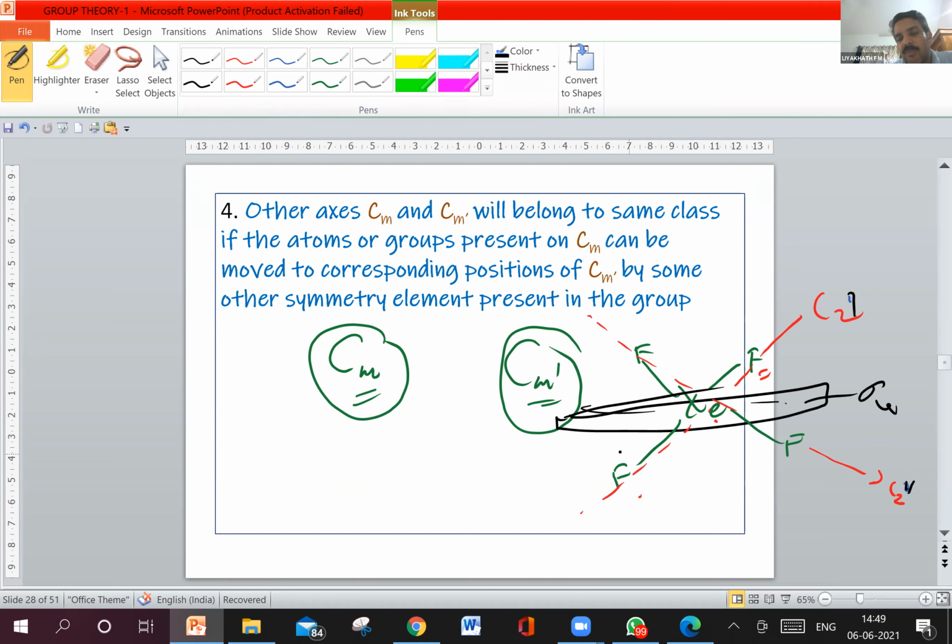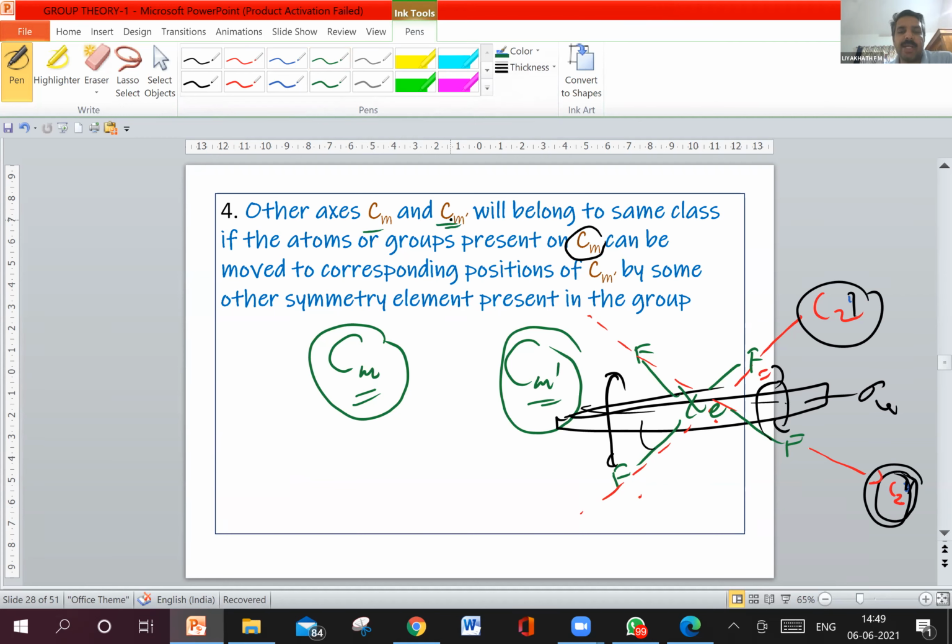This F will come here, this F will come here, like that. That means all the atoms present in Cm are moved into the position Cm dash or C2 double dash. Therefore, this C2 and this C2 double dash belong to the same class. And that is the fourth rule, that is Cm and Cm dash.